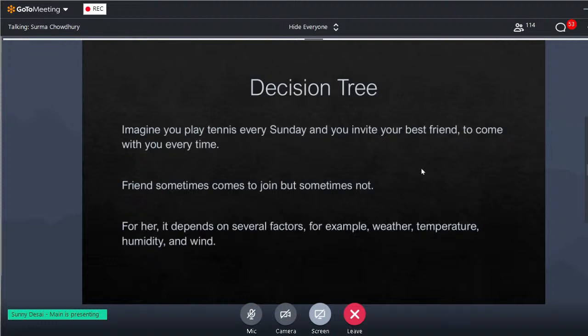Can everybody hear Sunny? Maybe somebody from the students can say whether you are able to hear Sunny. Sunny, you want to use your own audio instead of the audio of the software?